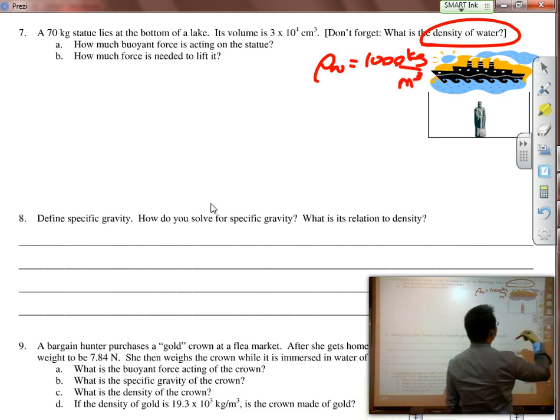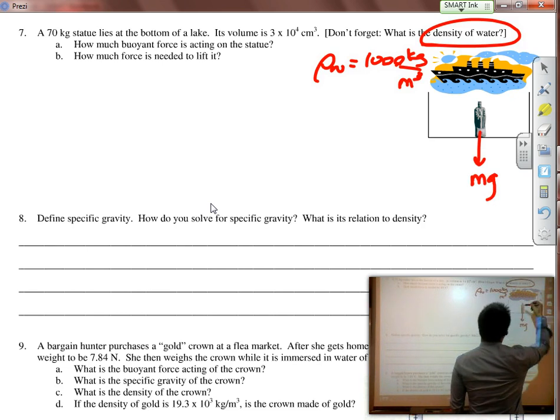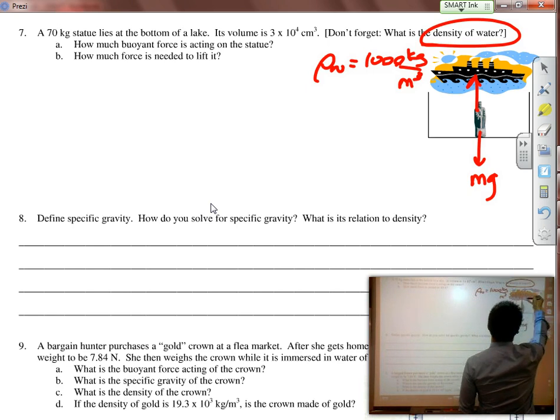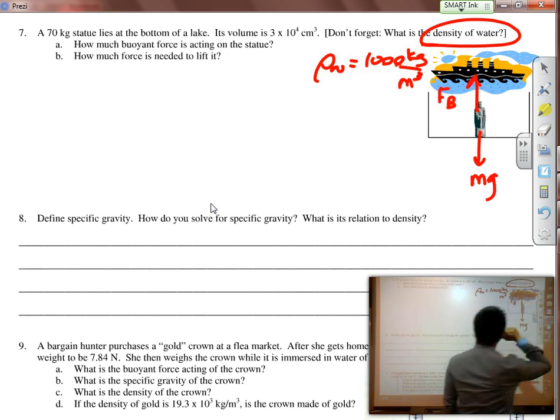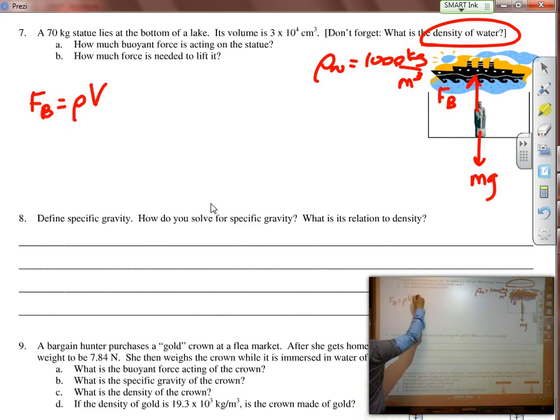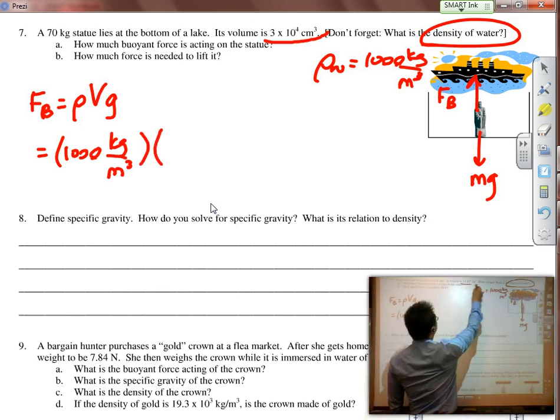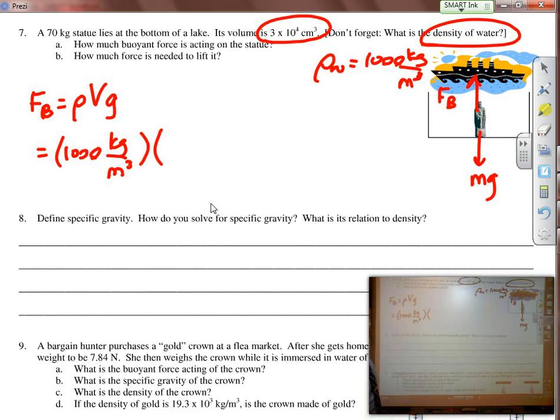And if we were to draw a free body diagram on the statue, we have mg going down, and we'd be trying to lift it. Well, in this case, we're just talking about the buoyant force on the object. So the buoyant force on the object itself, F_B, is equal to rho V g. Density of water is 1,000. The volume of the object is stated to be 3 times 10 to the 4th centimeters cubed.